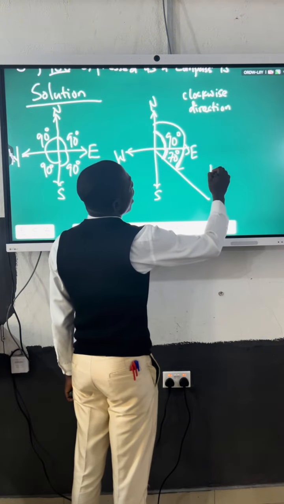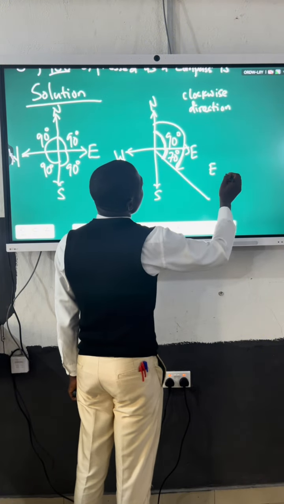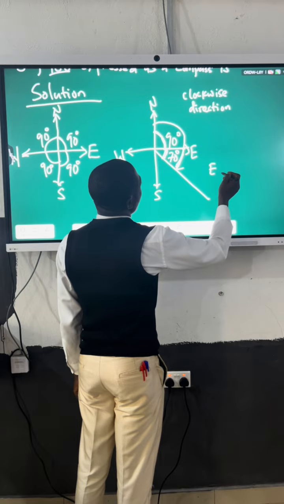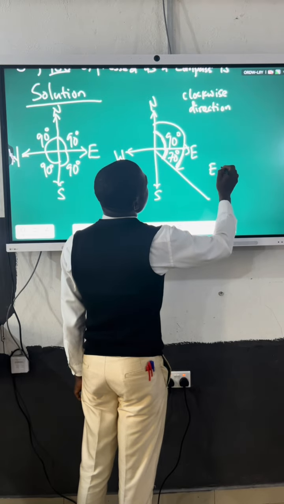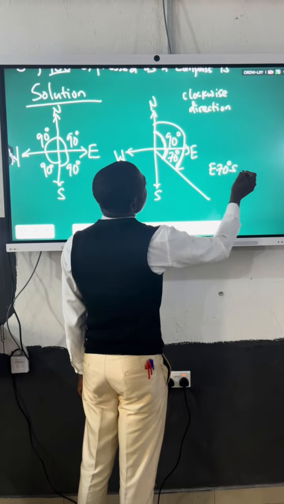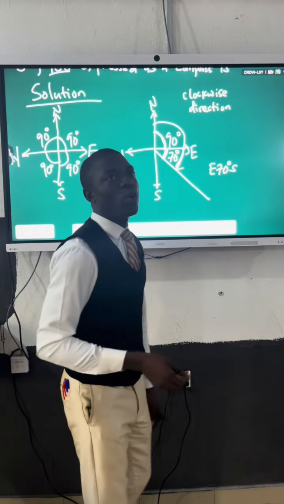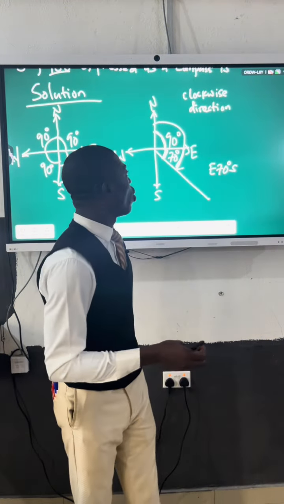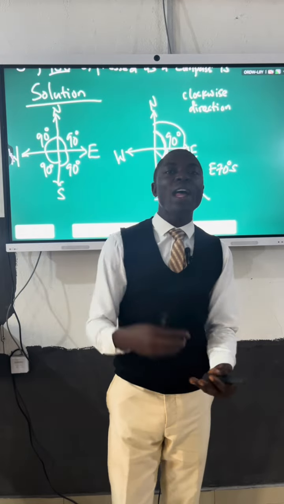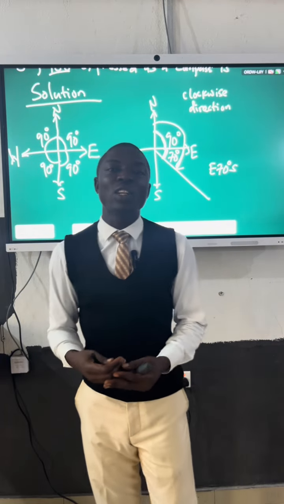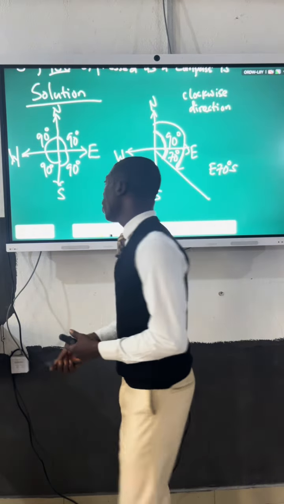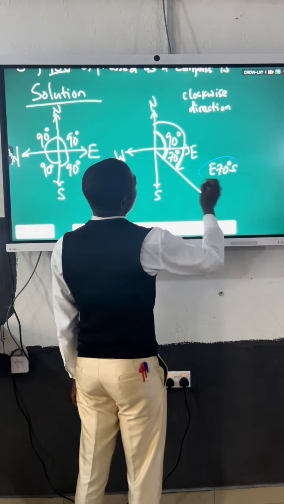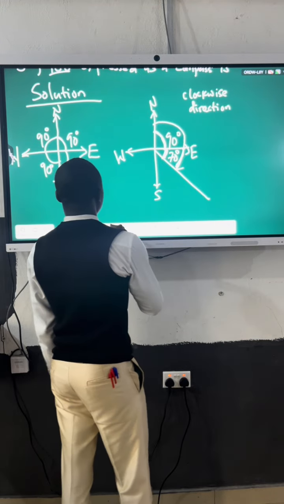So we should have read the angle as east 70 degrees south. But in acute angle bearing, we don't read angle with respect to east or west, meaning that west or east cannot start the reading of compass bearing or acute angle bearing. So we cancel this. This is not a possibility.